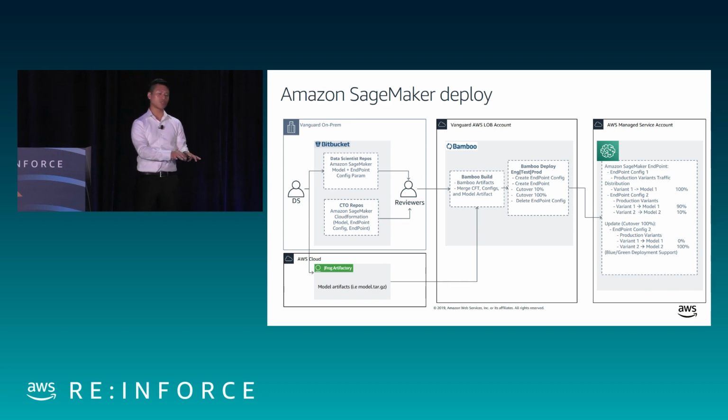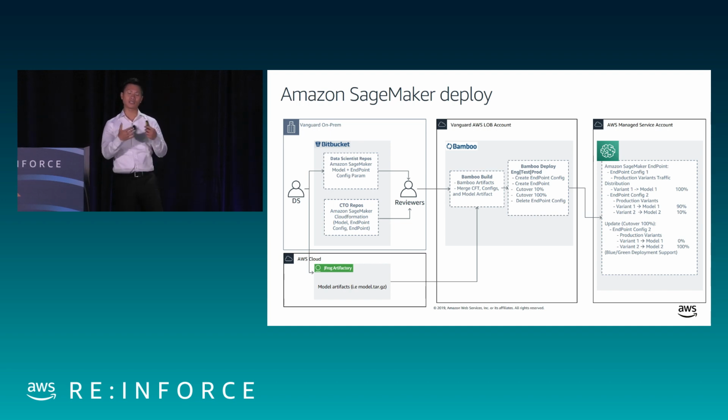The second repository on the screen is a data scientist managed repository. They only need to modify a couple of the parameters that we predefined for them. For example, the SageMaker model name, the URL, the endpoint configurations, and the traffic distributions.